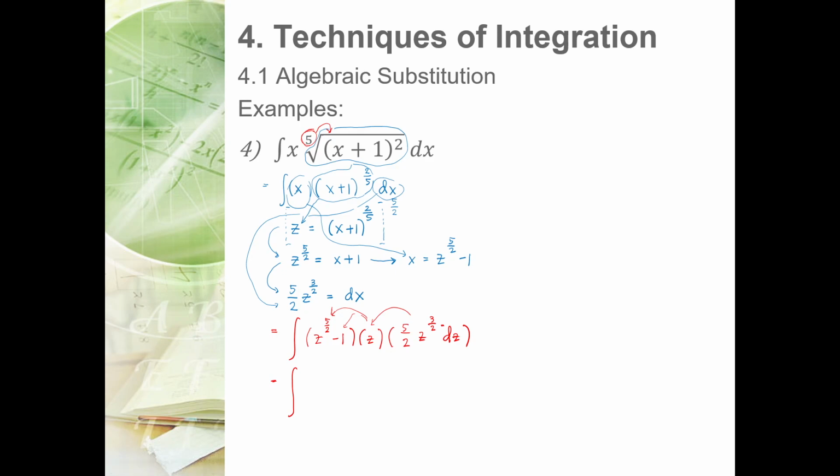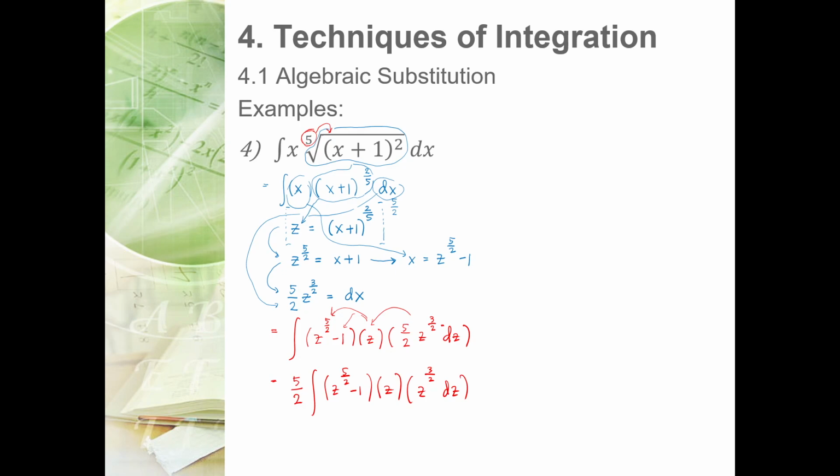So you can opt it out of the equation. So this becomes 5 halves integral of z to the power of 5 halves minus 1 times z, and then times z to the power of 3 halves. So you don't get confused, it's better.